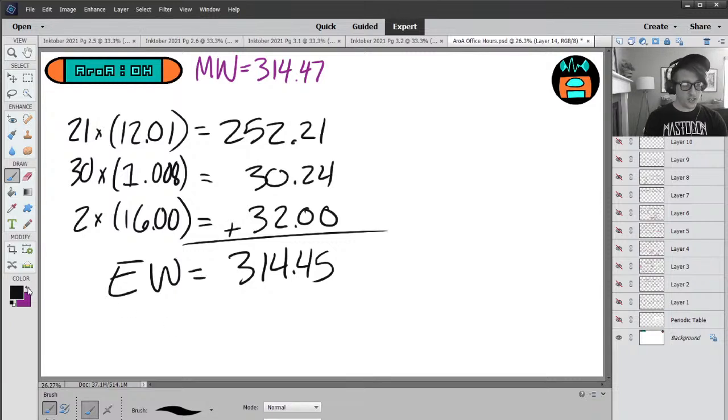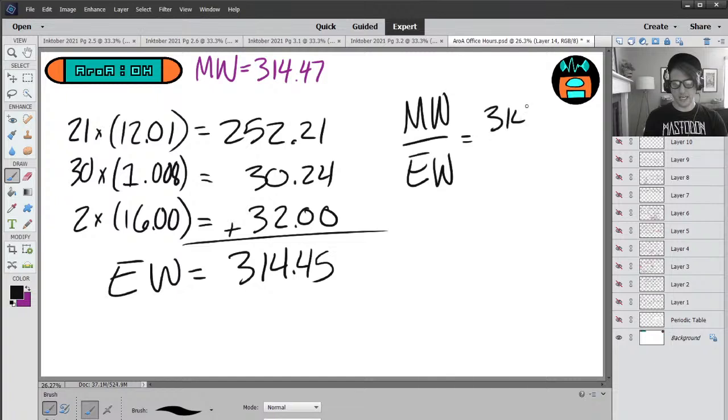Now we need to find a ratio between the empirical weight and molecular weight. So you go molecular weight over empirical weight. Molecular weight is 314.47. Empirical weight is 314.45. So that ratio is 1.